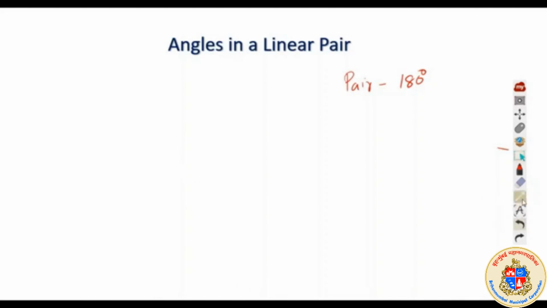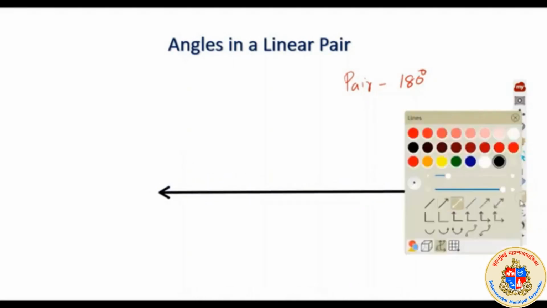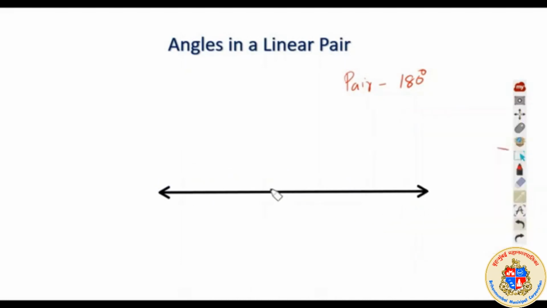It can be in this way. Suppose that there is a line, and a pair of angles can be formed on that simply by drawing an arrow on that, just like our supplementary angles, and it will result in the formation of two angles whose total will be equal to 180 degree. We call them angles in a linear pair. Understood? So that is another thing you studied in the last class.